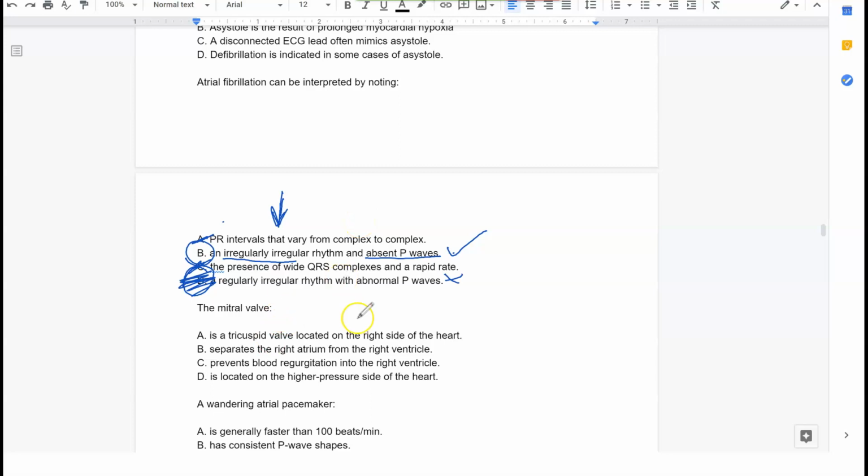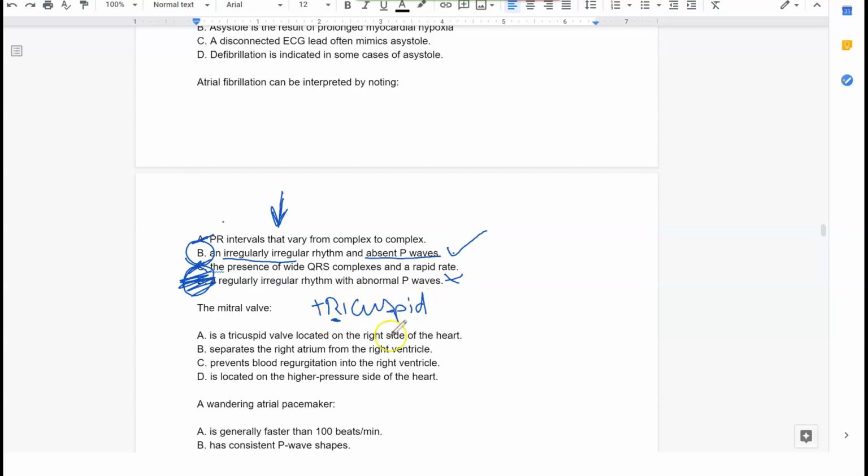The mitral valve is, all right, so this goes back to remembering your heart anatomy. What side of the heart is the mitral valve on, right? So the mitral valve and the tricuspid are the two that are paired.